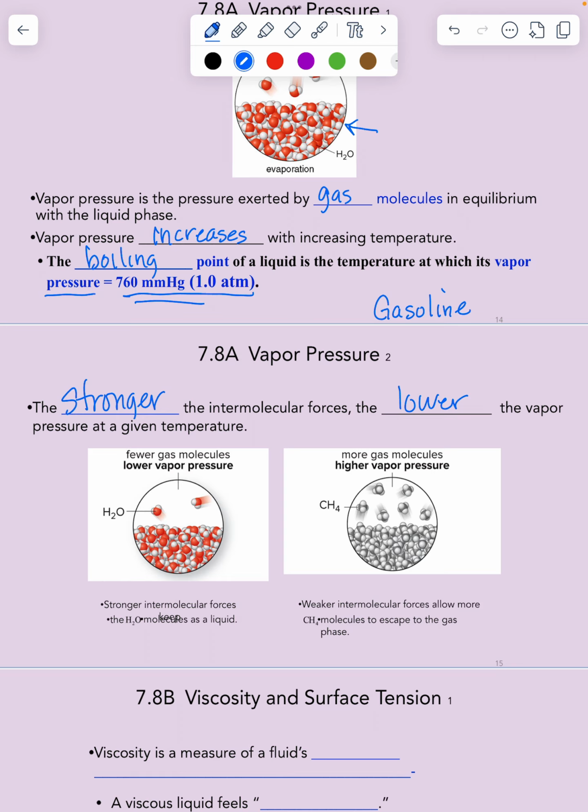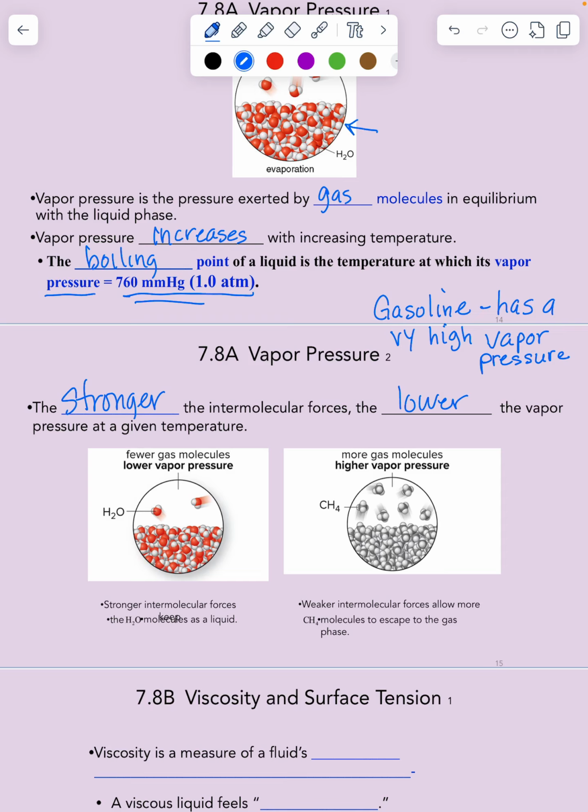And that is because gasoline turns into a vapor very easily. Gasoline has a very high vapor pressure. That means it doesn't take a lot for the liquid to turn into a vapor.